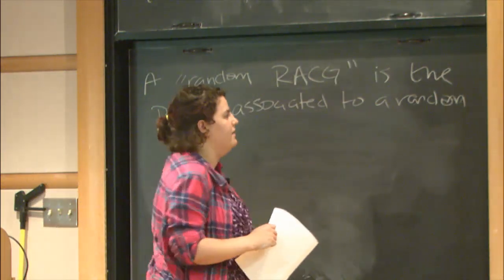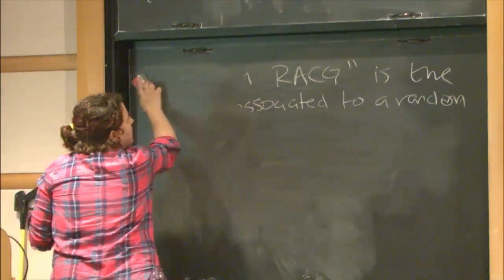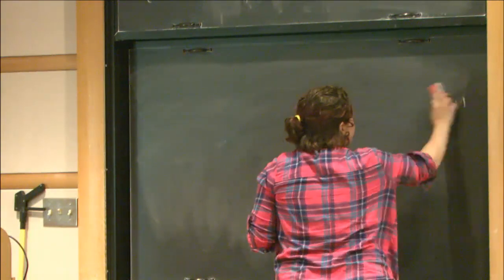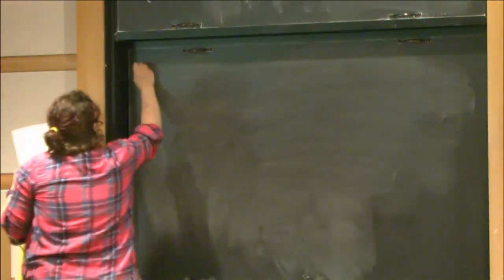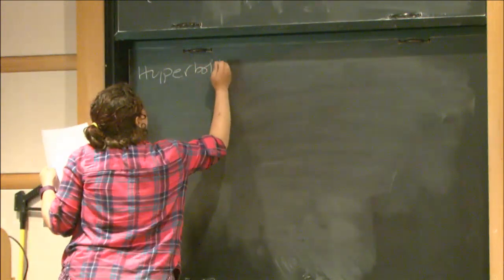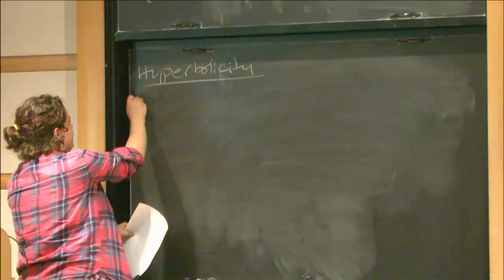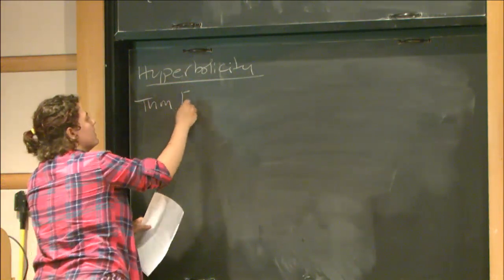So just like we talked about hyperbolicity for right-angled Coxeter groups, we can talk about hyperbolicity in general Coxeter groups. So again, hyperbolicity. This time I'm going to state the full theorem of Moussong.